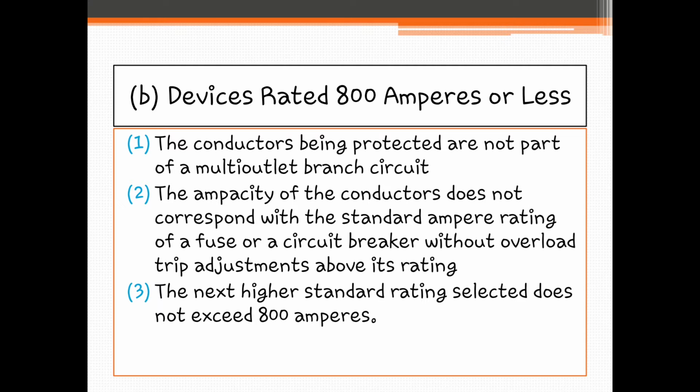So ang multi-outlet is a circuit that supplies two or more outlets. Next is the ampacity of the conductor does not correspond with the standard ampere rating of a fuse or a circuit breaker without overload trip adjustments above its rating. Last condition is the next higher standard rating selected does not exceed 800 amperes.